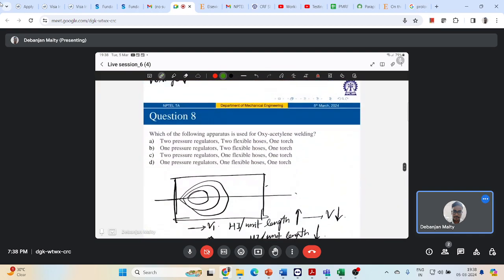What else? Which of the following apparatus is used for oxyacetylene welding? We use two pressure regulators, two flexible hoses, and one torch. That's it, really. So, option A.